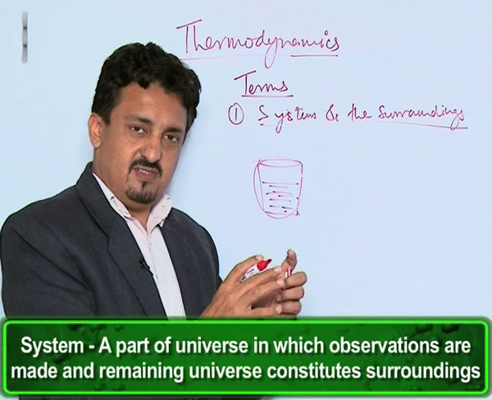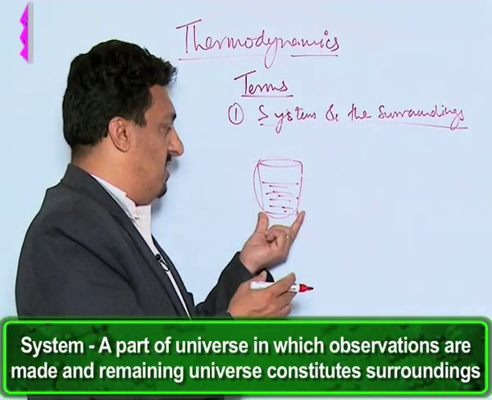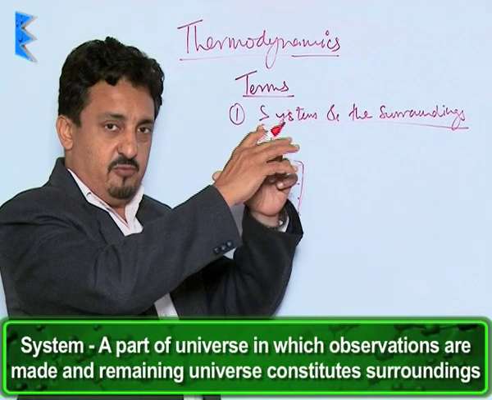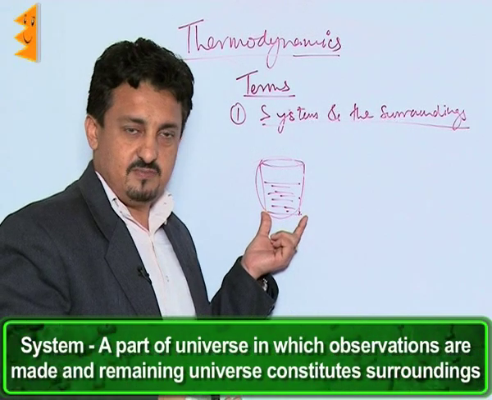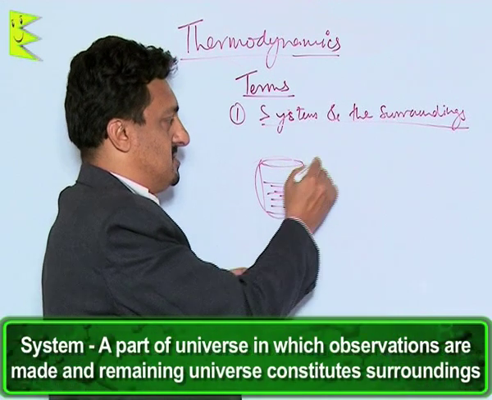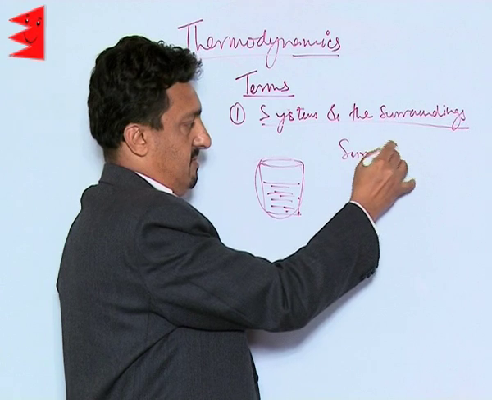So the part of the universe which we select for a thermodynamic study is called the system. And the rest of the universe which is present around this system is called the surroundings.